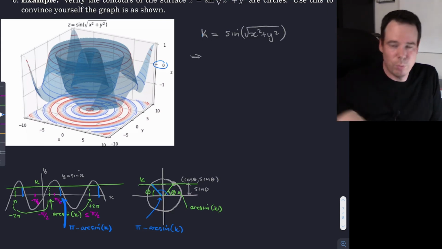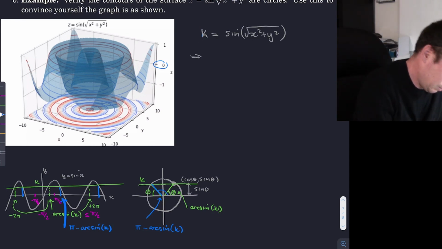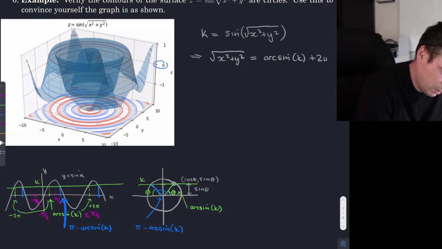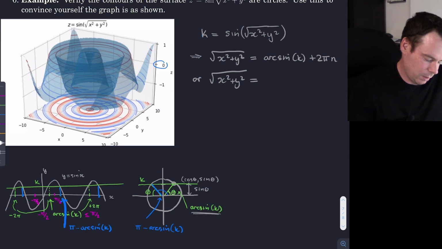And then 2 pi plus any of those also gives us another angle. So all of that discussion was to really just say that the square root of x squared plus y squared is equal to arcsine of k plus 2 pi n, or the square root of x squared plus y squared is equal to, so that first one uses that angle that's between 0 and pi by 2, or negative pi by 2 to pi by 2 if we were below.